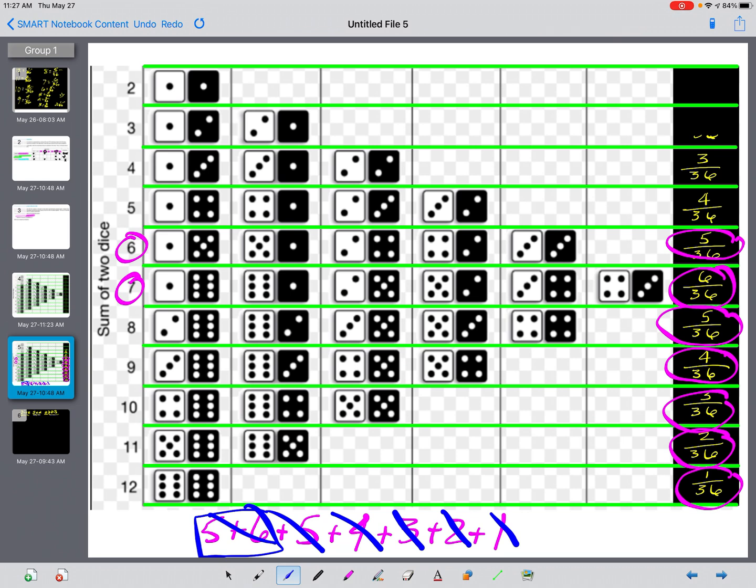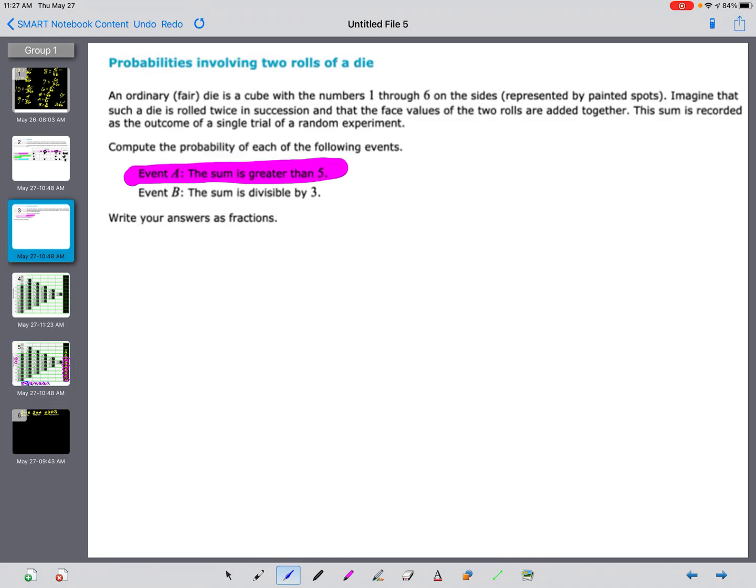So it appears the odds of rolling a sum greater than 5 would be 26 out of 36. So we would write that answer: 26 out of 36 for event A.